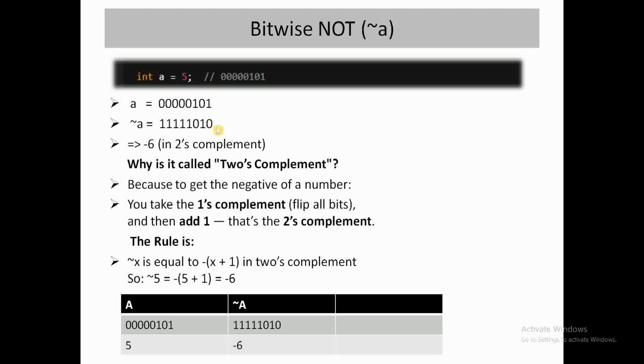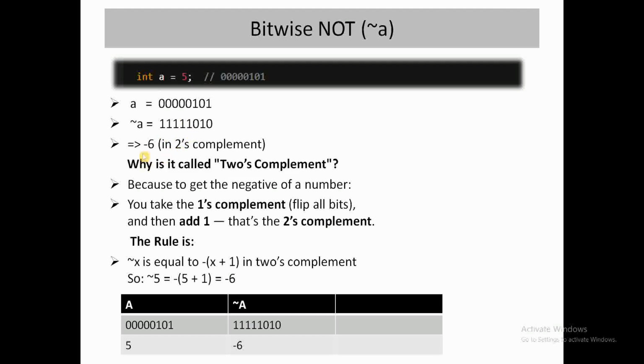For the first we have true, so we convert it into false, and for false we use true, and for true we convert it to false, and for all the false values we have true values. So this is the main functionality of the bitwise NOT operator.